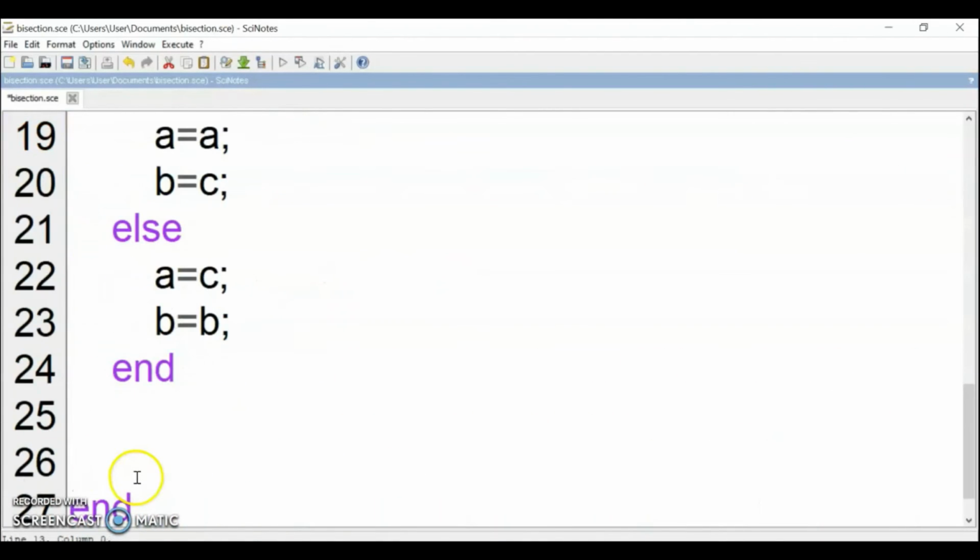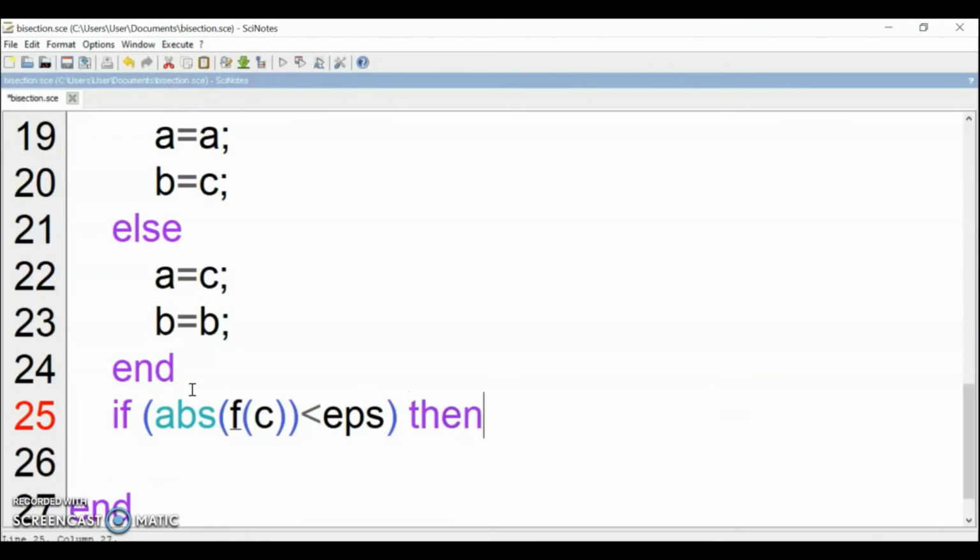So what happens here, all the way here, I can say that if absolute fc is less than epsilon, then break.